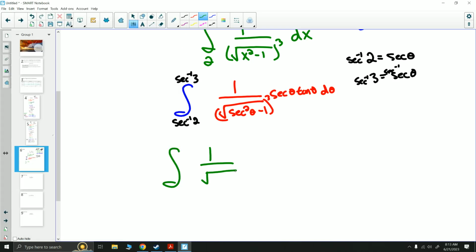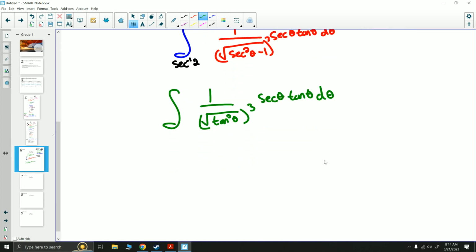So we'd have the square root of tangent squared theta cubed times secant theta tangent theta d theta. So that means these would cancel and I'd have a tangent cubed. Okay, so we have the integral of secant theta tangent theta d theta over tangent cubed theta.